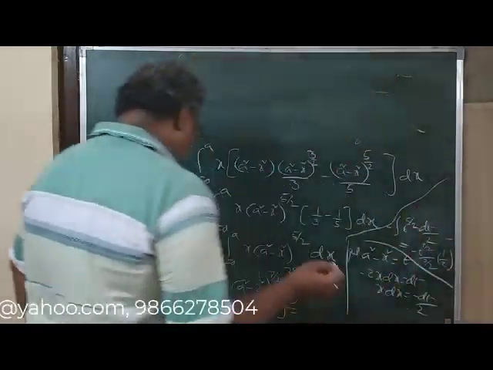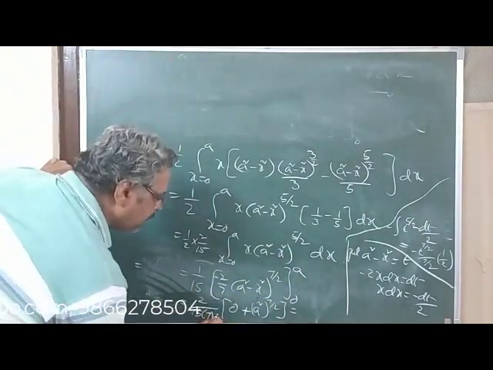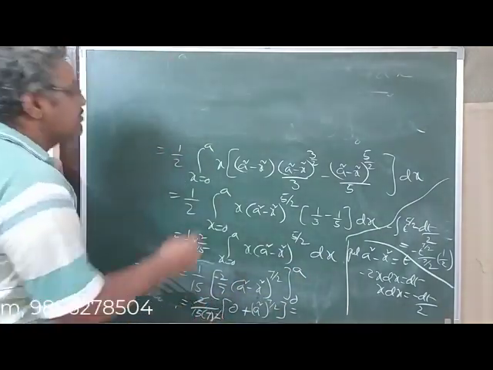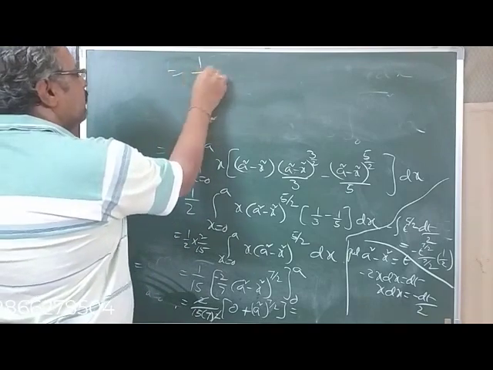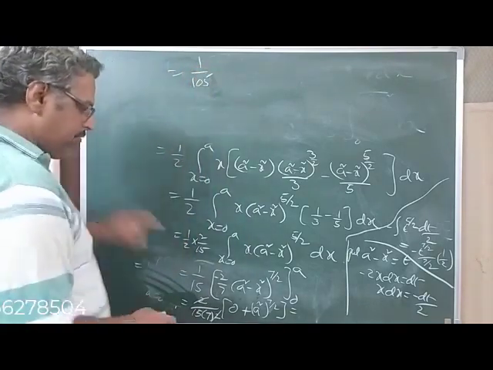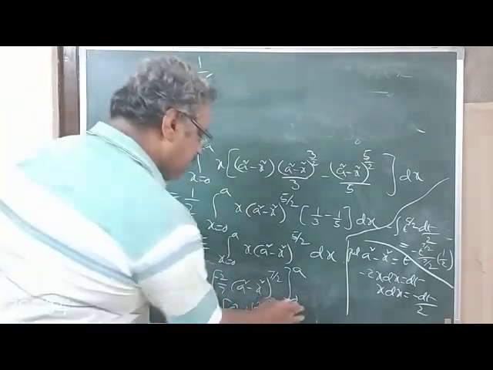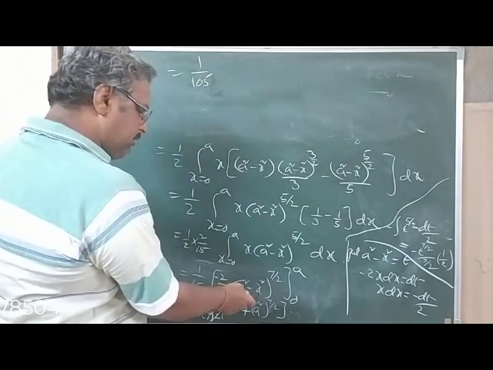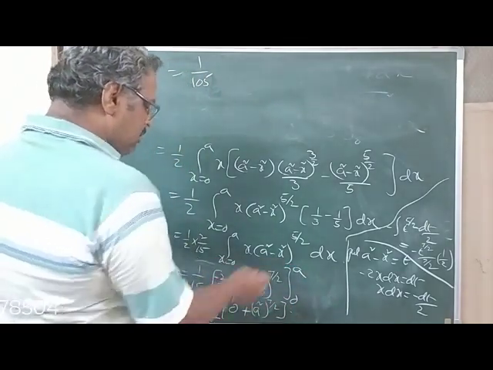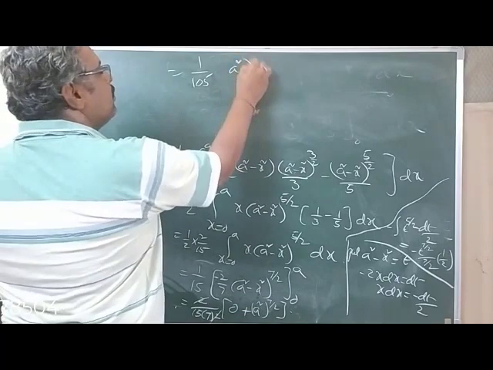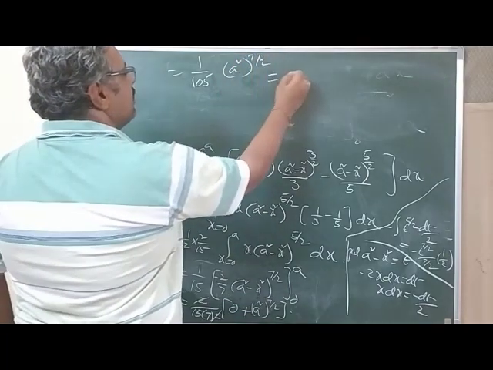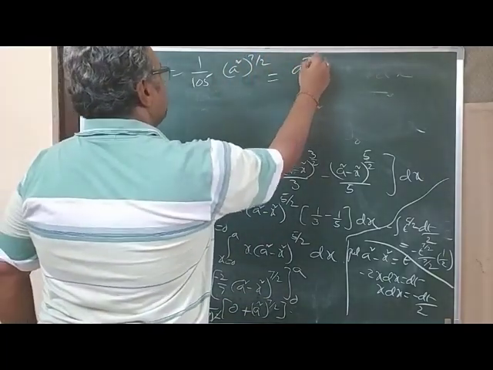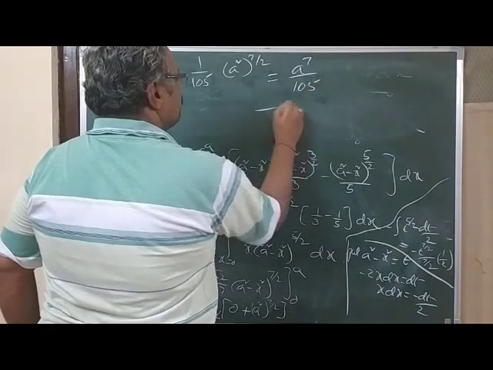So we have 1 more 1 by 2 into 2. These two cancel. 1 by 105 times of. If you put, already substituted, x equals to a and x equals to 0, a square whole power 7 by 2, that is 2 cancel, a power 7 by 105.